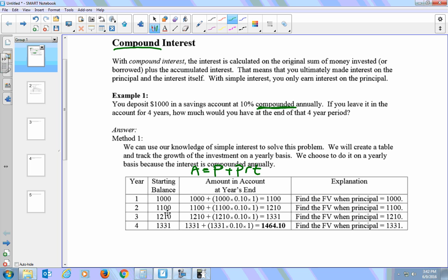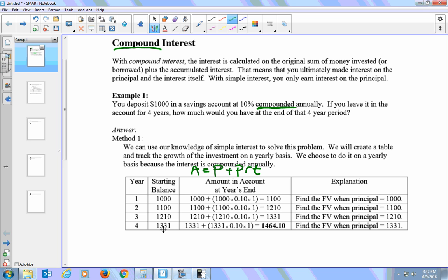So you see the amount keeps going up. The interest we earned in year 1 was $100 because we increased from 1,000 to 1,100. In year 2, we increased from 1,100 to 1,210, which means we increased by $110, more than over the first year, because we earned interest on our interest.